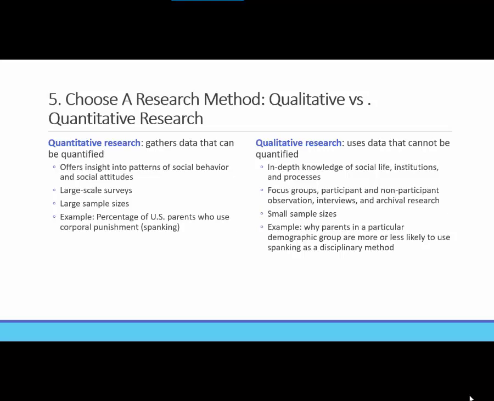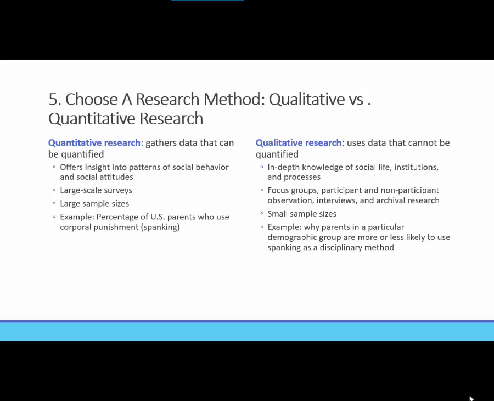Qualitative research, however, collects data that cannot be quantified or easily quantified. Therefore, the data that it collects is oftentimes much more in-depth knowledge of social life, institutions, and processes. So you are now getting to those why type questions, how people feel, because you are collecting this data in such a way that oftentimes it is open ended and more interpretive.